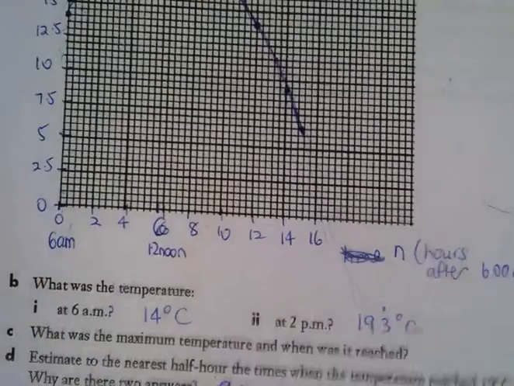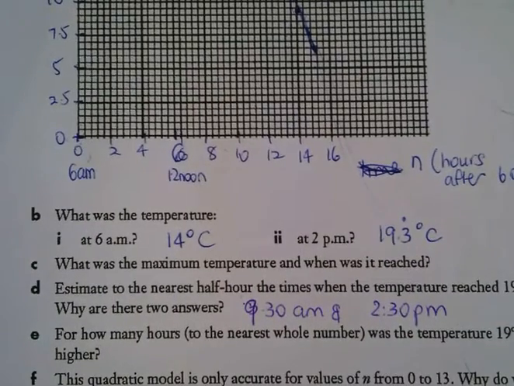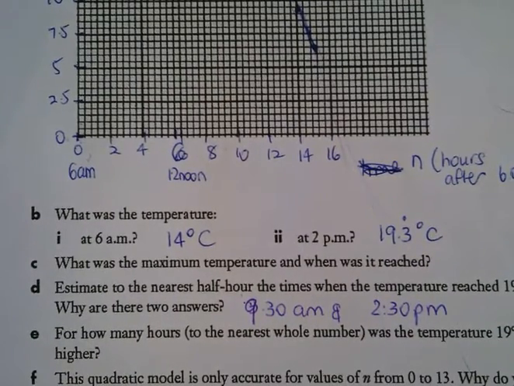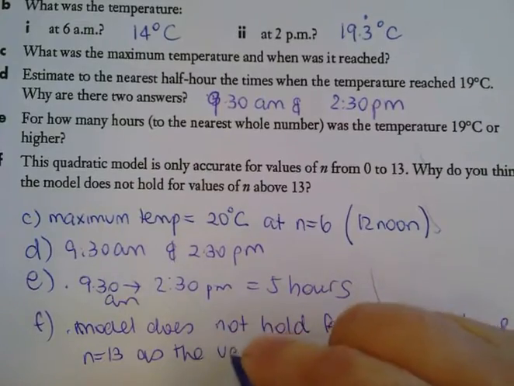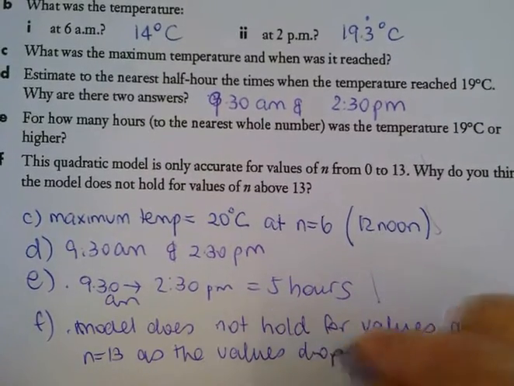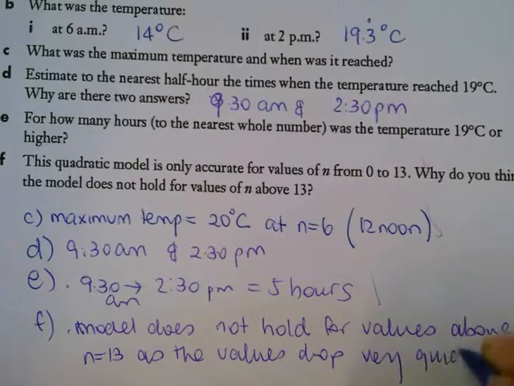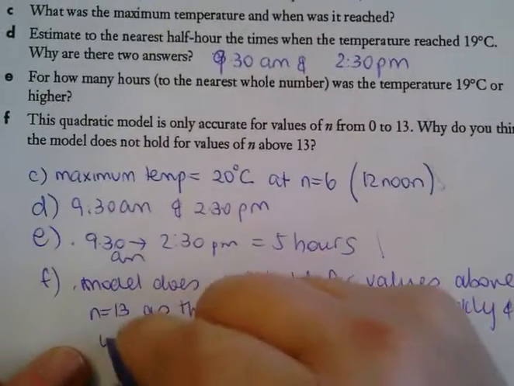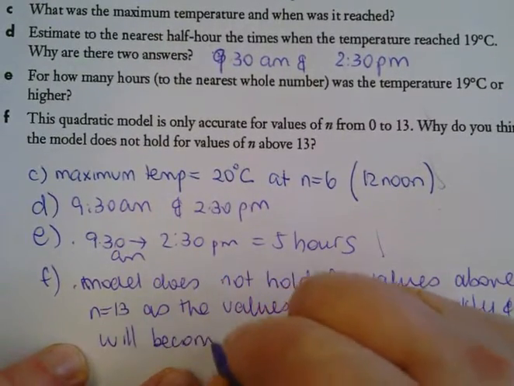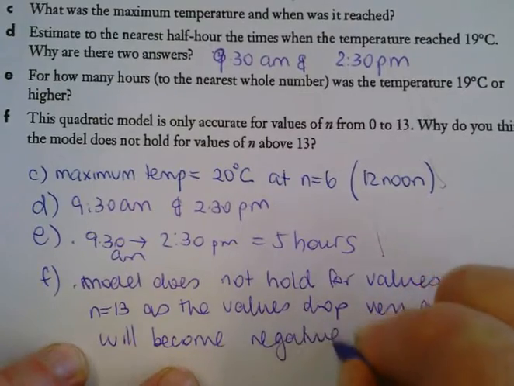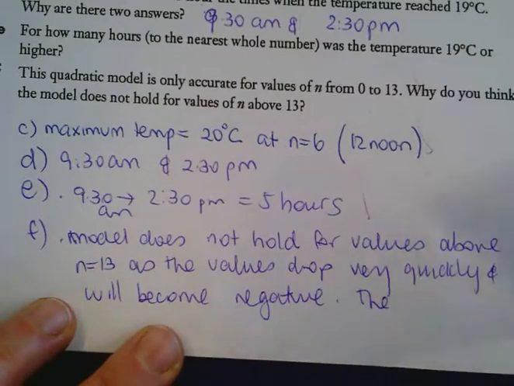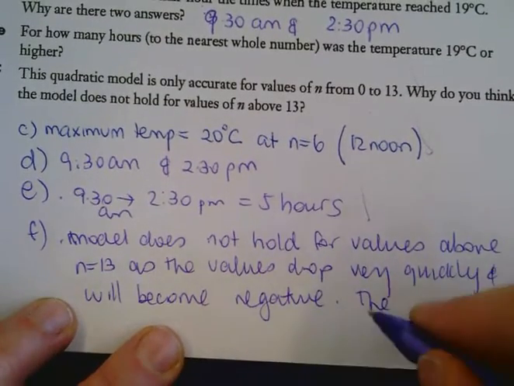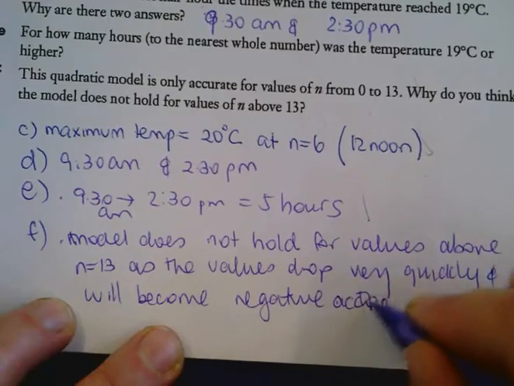So the model does not hold for values above n is 13, as the values drop very quickly and will become negative. That's what will happen according to the model.